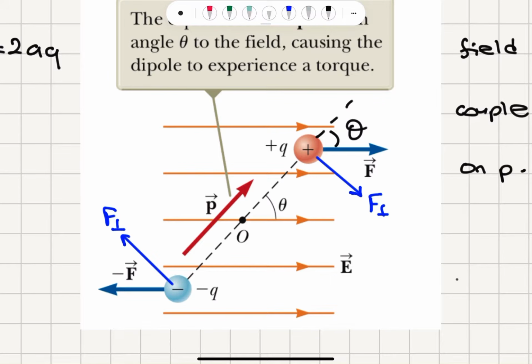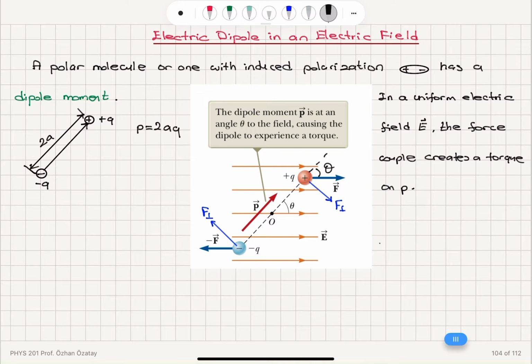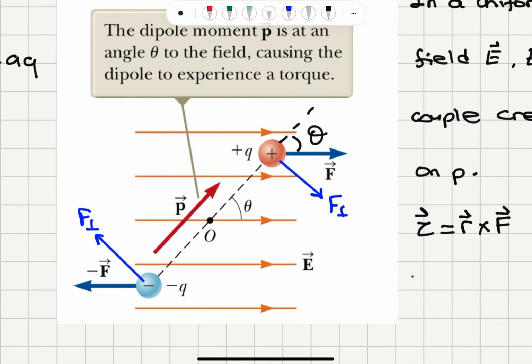So here I have a force couple, and this force couple creates a torque on this electric dipole moment. So how do I calculate this torque? Torque, by definition, is R cross F. So it's going to be equal to 2A times F perpendicular. So this is the pivot point right in the middle.